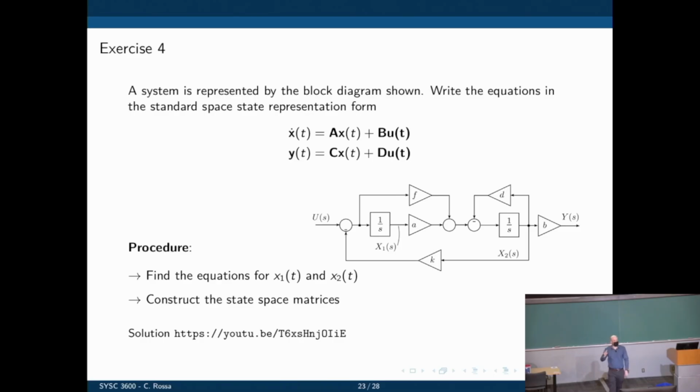Remember once again, the equations were first order equations. They had to be integrated to give the states. So if you want to find where the states are, just look where the integrators are, and past the integrators, that's where they should be. Where is the output of our system?